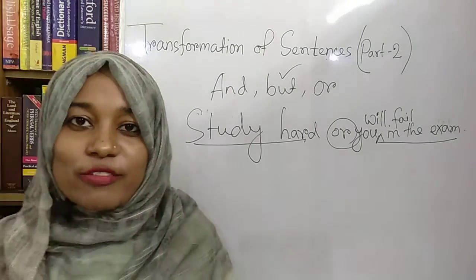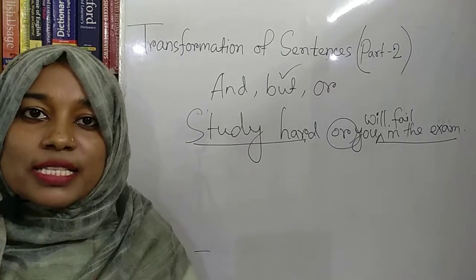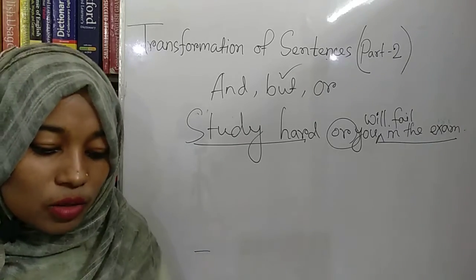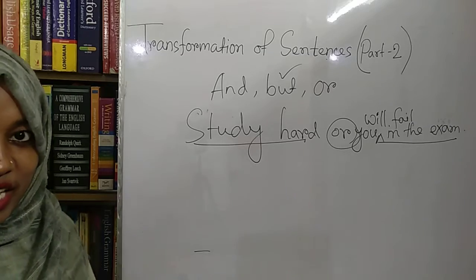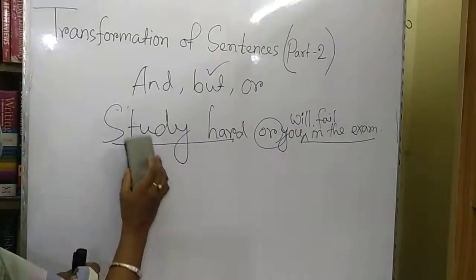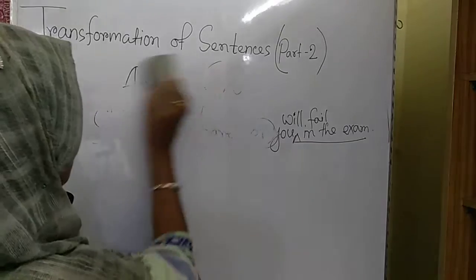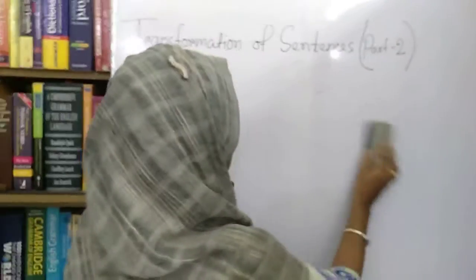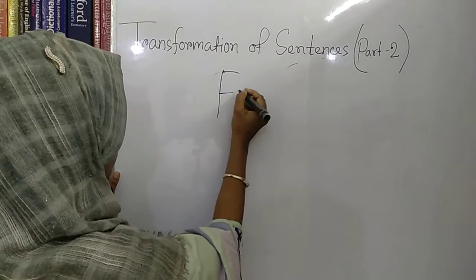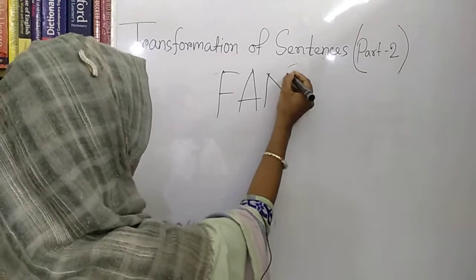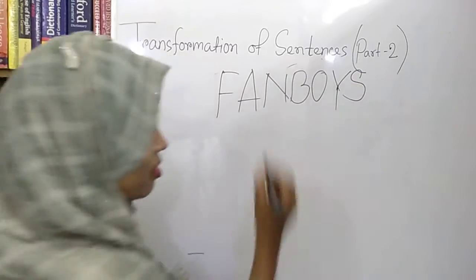My dear students, for your information, coordinating conjunctions are 7 in number. We can remember them with a mnemonic: FANBOYS.